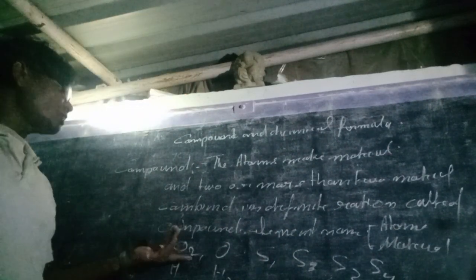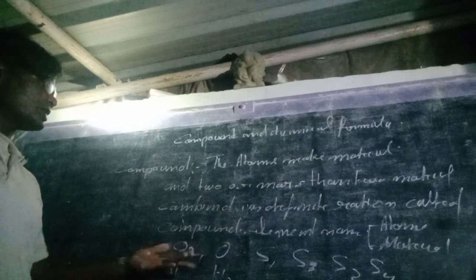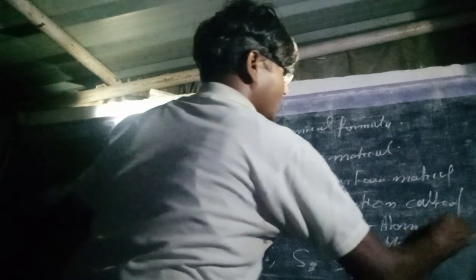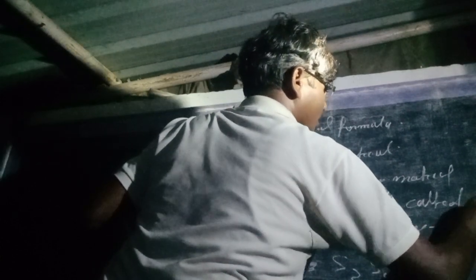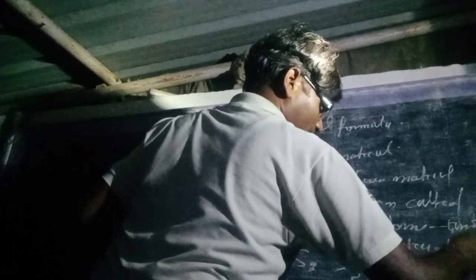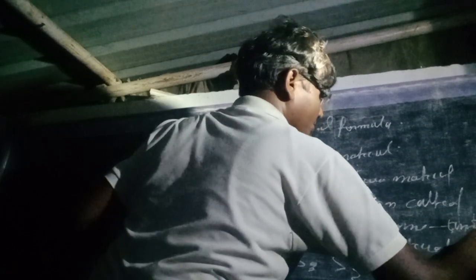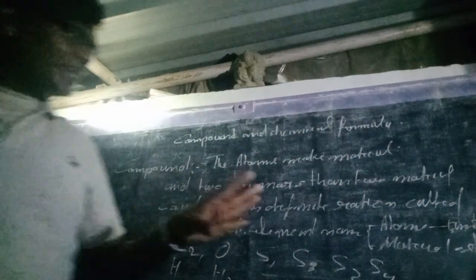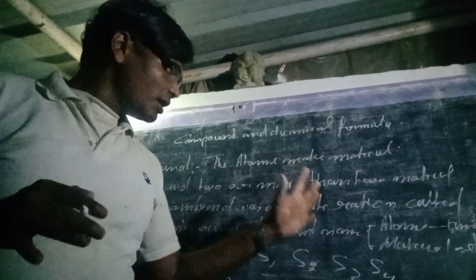So we can say that a molecule is in a stable form, and an atom is unstable.